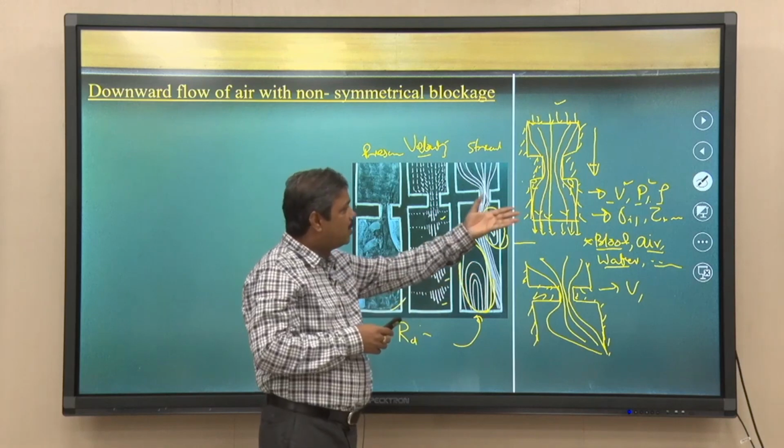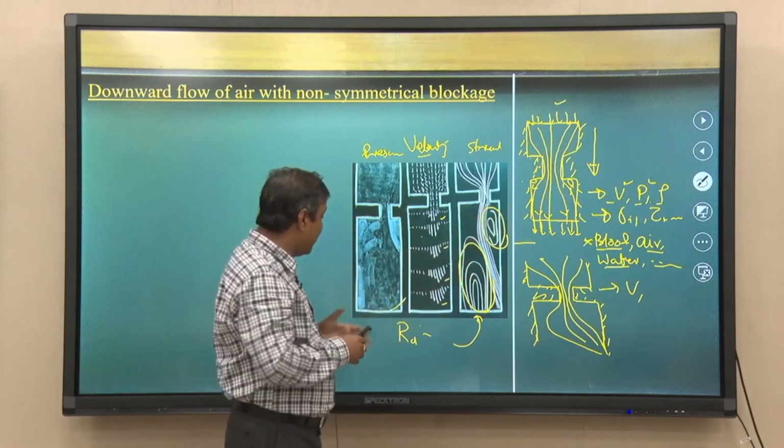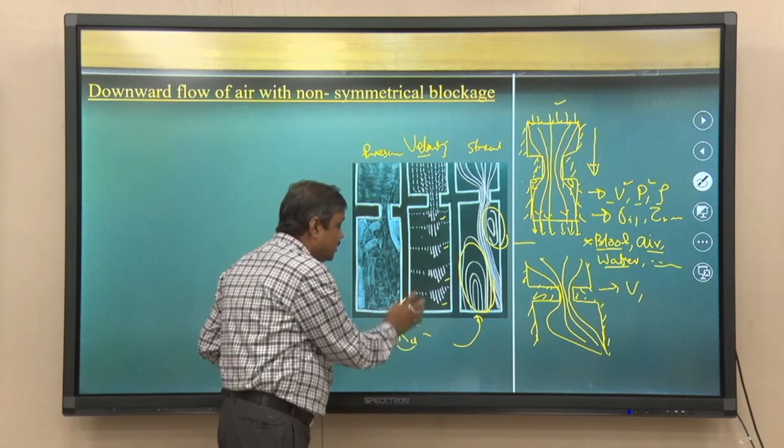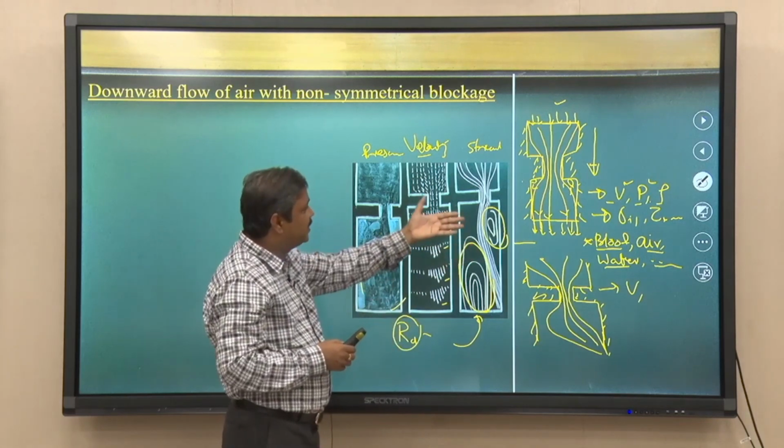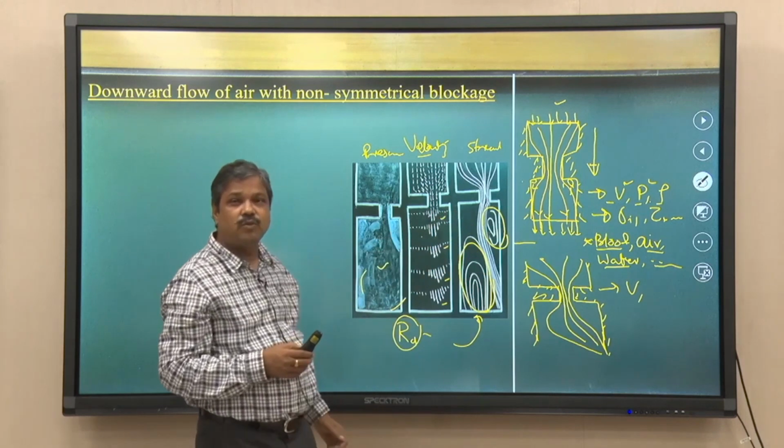In the case of going from symmetric to asymmetric, as I change the flow Reynolds numbers, that will change. The flow can change from laminar to turbulence. There can be a change in the flow separations.